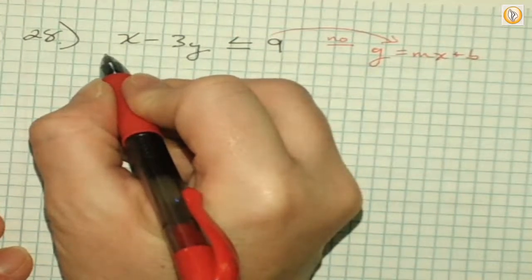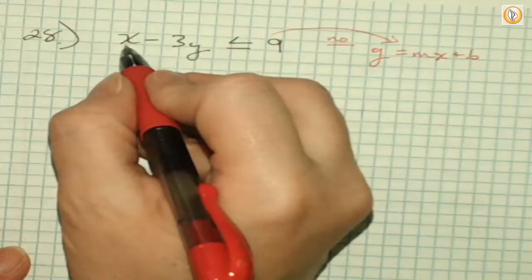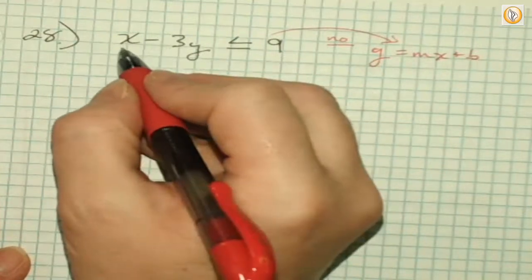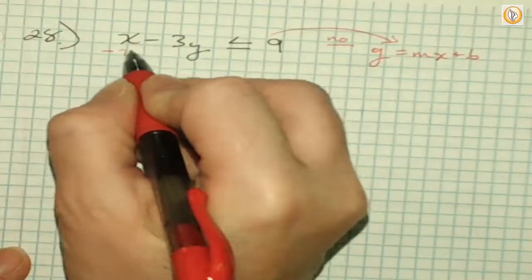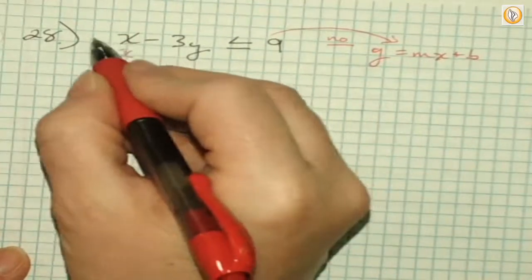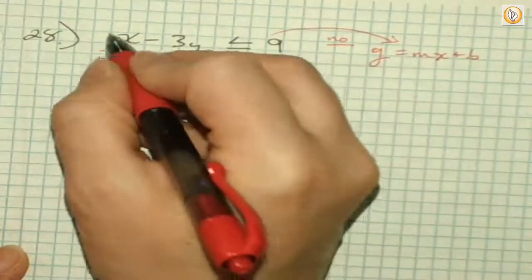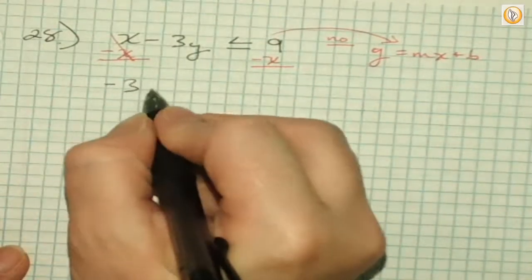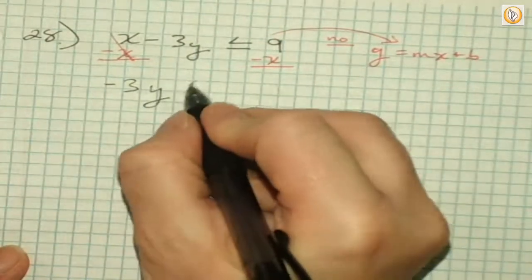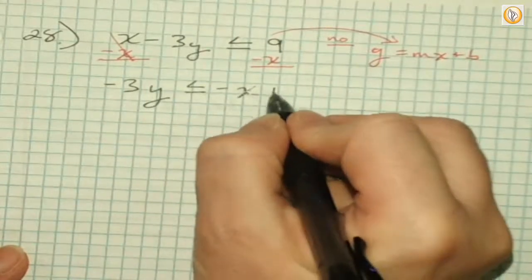So, you're dividing? No. Aiden, can you help her out? You subtract x. Okay, we're going to subtract x because x is all by itself. It's a positive, so we're going to subtract x on both sides. And I'm left with negative 3y is less than or equal to negative x plus 9.